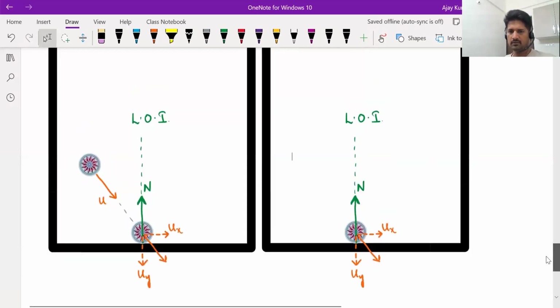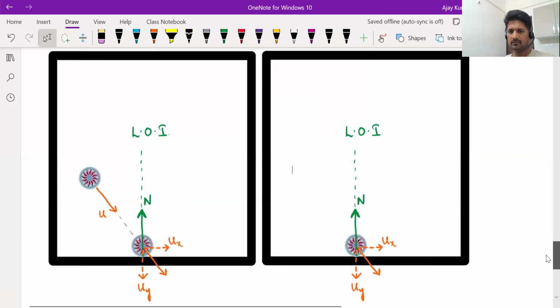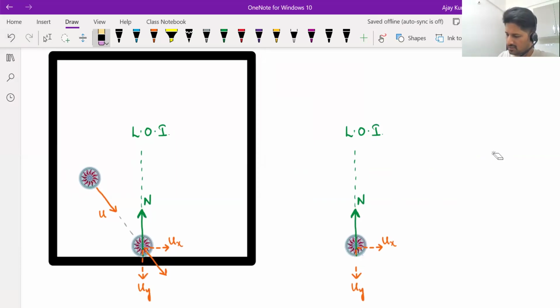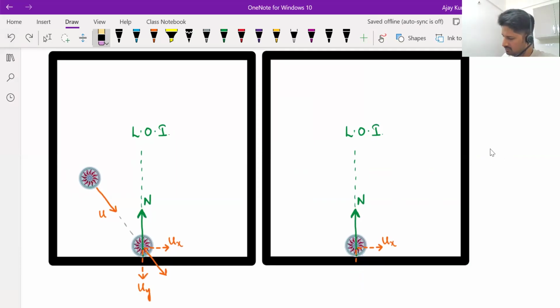Which force disturbs that component of velocity? It's the normal force which disturbs the Y component, the component along the line of impact.